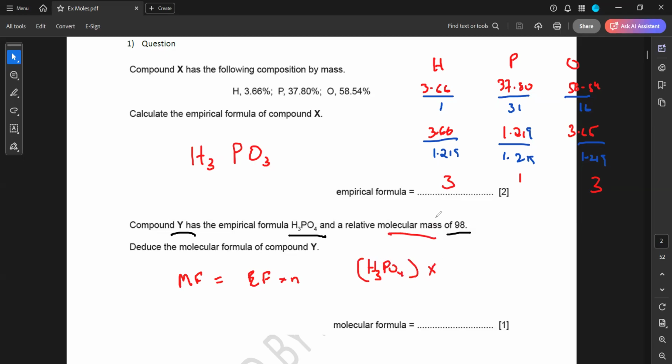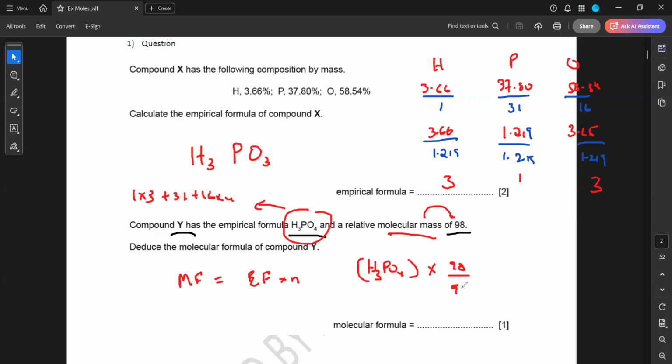What is N? N is the molecular mass, which is 98, divided by the empirical mass. How can you work out the empirical mass? From the empirical formula. Hydrogen is 1 multiplied by 3. Phosphorus is 31. And oxygen is 16 multiplied by 4, which is 64. 64 plus 31 makes 95, and 95 plus 3 makes 98.